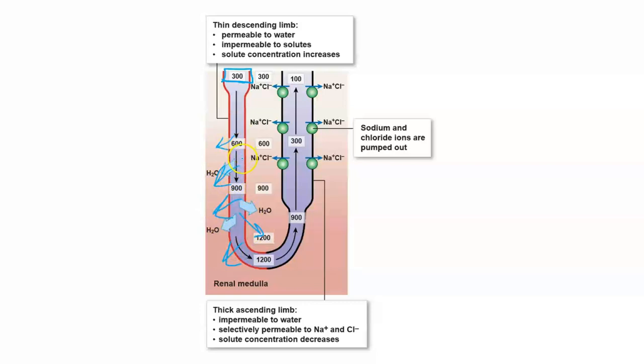And as water continues to be pulled out, the fluid is going to get saltier and saltier. And then, now that you have this really salty fluid, the salt is pumped back out, and that's the thing that helps to sustain the osmolarity gradient.